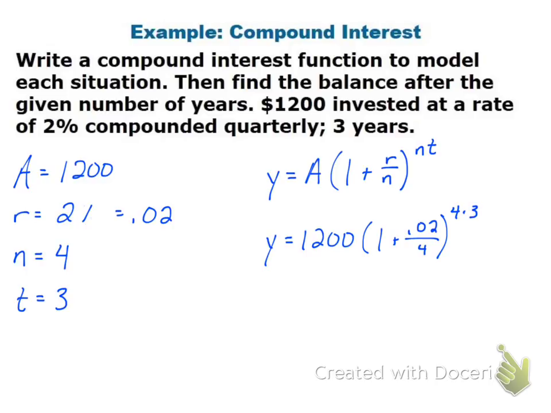Just make sure you do the exponent first when you plug it into the calculator. So I get 1,200, 1 plus 0.02 divided by 4 to the 12th power. And so when I do that, I get $1,274.01.